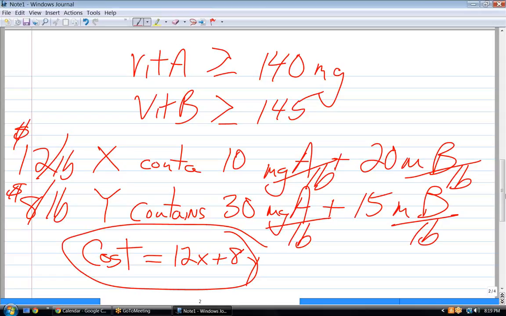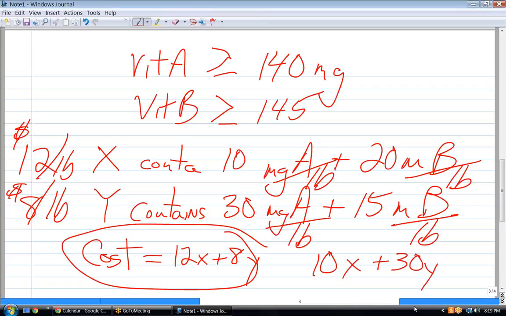So X contains 10 of vitamin A and 20 of vitamin B. So the amount of vitamin A you get is going to be 10 times X plus 30 times Y. That'll equal the amount of vitamin A, right?